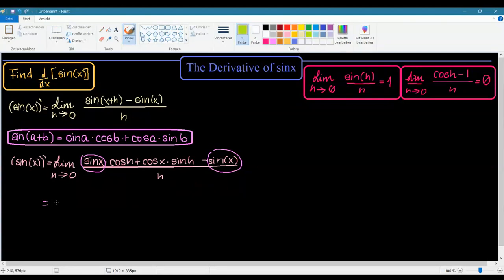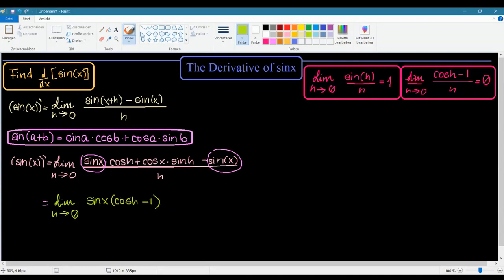It's going to become the limit as h approaches 0 of sine x. That's supposed to be an S. I'm not sure if that looks enough like an S to pass for an S. Let's do it again. Sine x times cosine h minus 1.